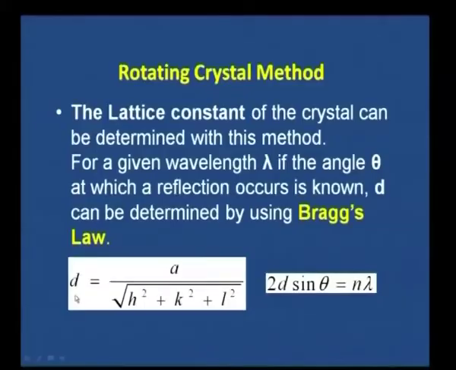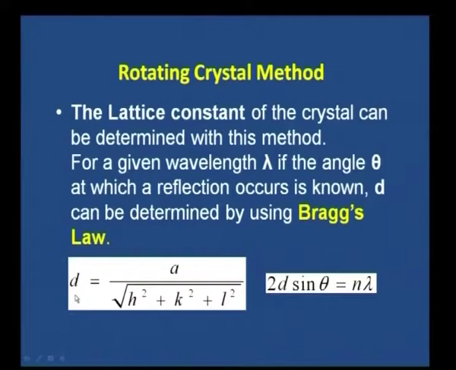Whether they are face centered cubic, body centered cubic, simple cubic, hexagonal close packed or rhombohedral, whatever the crystal structure, the lattice parameters will be a, c and so on, or b also in orthorhombic. So, the lattice constants can be evaluated using the rotating crystal method.